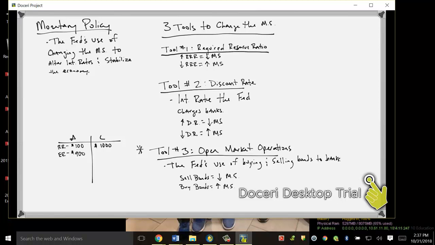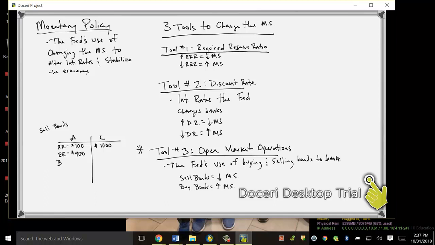So when the Federal Reserve wants to shrink the money supply, they will go out and they will actually sell bonds to banks like the bank that we have listed here. And when they sell bonds, the Federal Reserve is going to give this bank bonds.